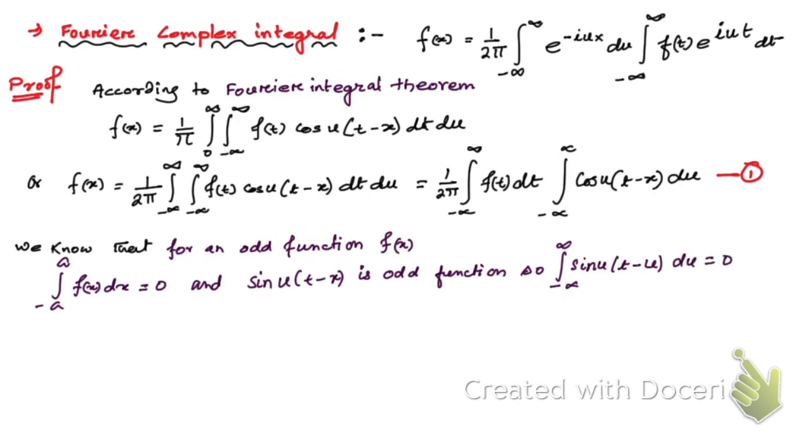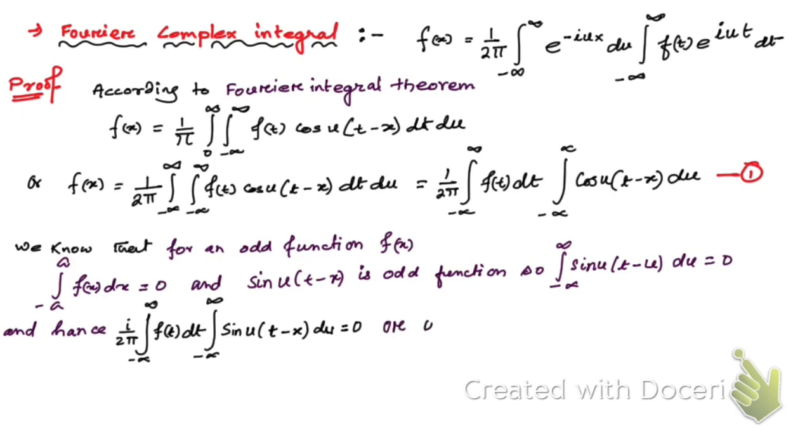So if we multiply by 1 by 2 pi, integration from minus infinity to plus infinity f of t dt into integration from minus infinity to plus infinity sine u(t minus x) du, that is also equal to 0, as this part is equal to 0.